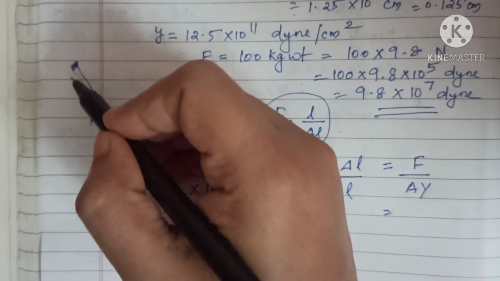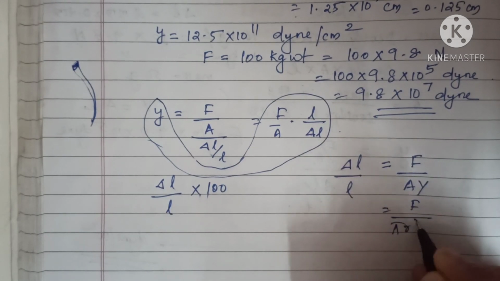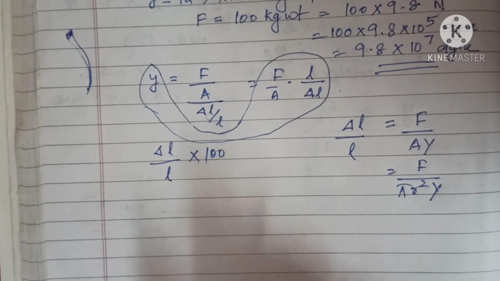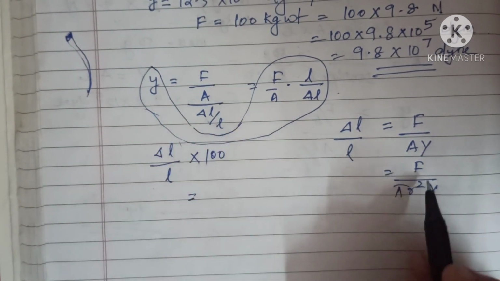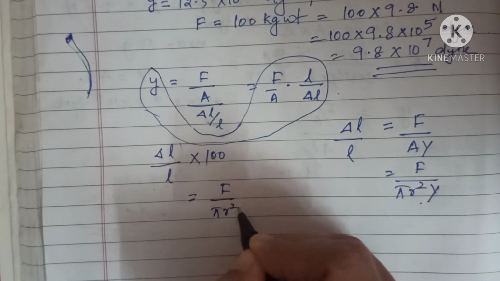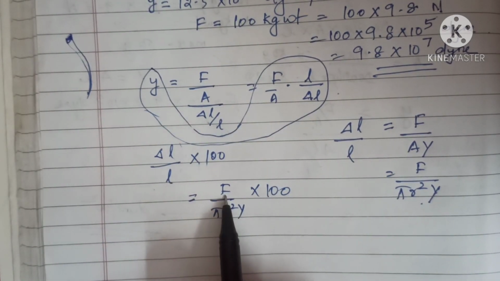So F divided by pi r square Y, this is the expression for that. Instead of delta L by L, we have F by pi r square Y. So I can write F by pi r square Y into 100. Now we can substitute the values.